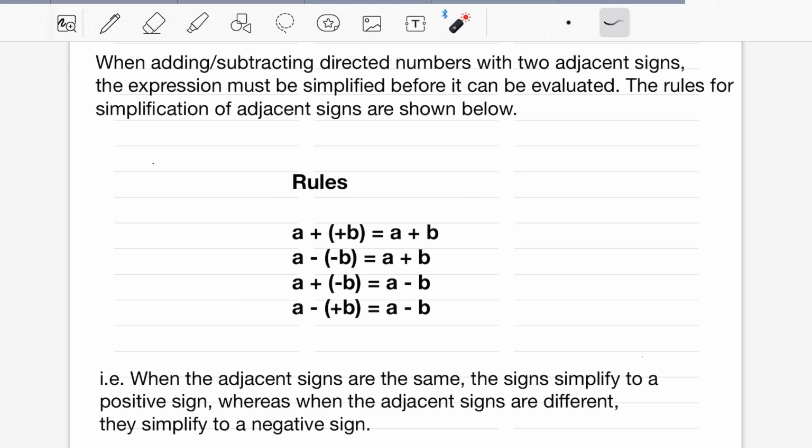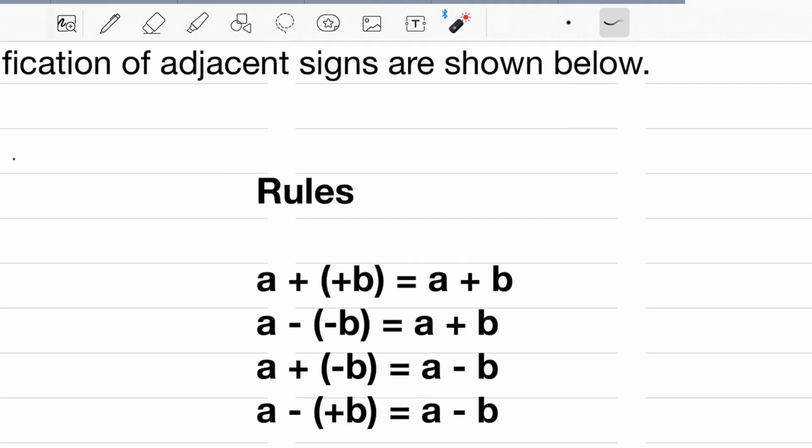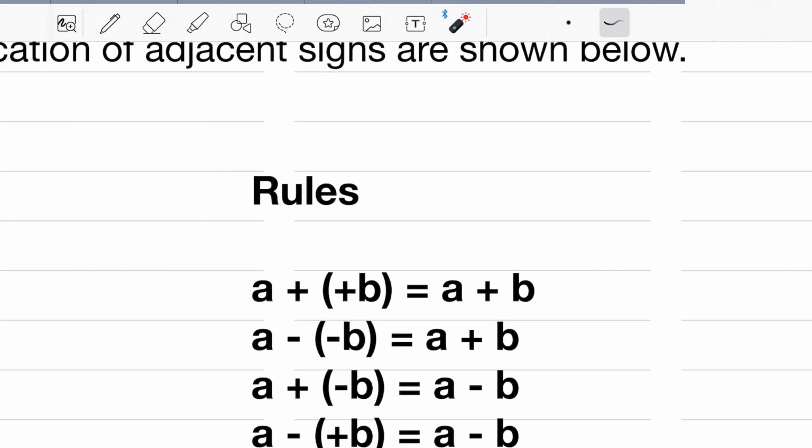So here are our rules. As you can see, we have two signs in the middle of these two numbers A and B, and they evaluate to one sign. Now we have been adding and subtracting directed numbers with one sign in between them before.